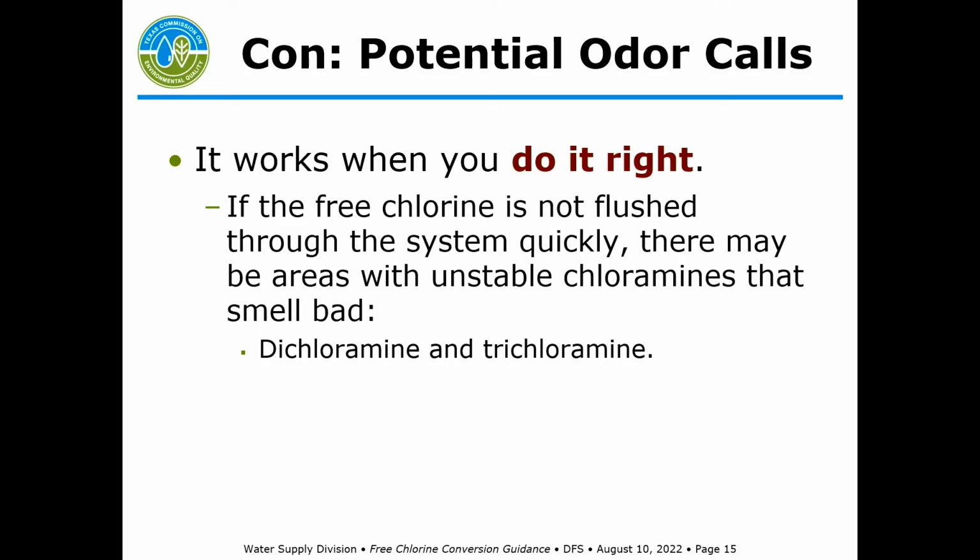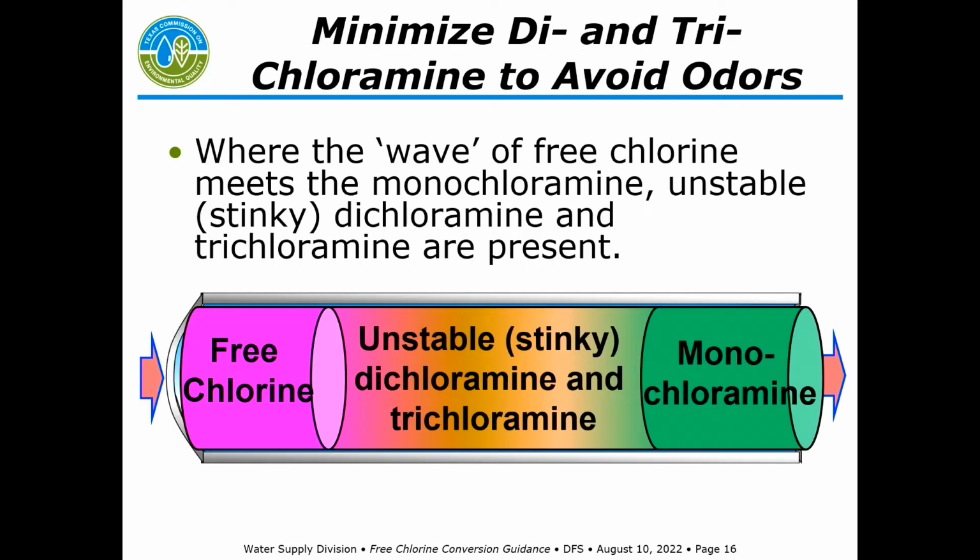Another con is the potential odor calls. If you don't flush the free chlorine through the system quickly, there can be areas that have basically unstable chloramines, dichloramines, and trichloramines, and those smell bad, and your customers may notice that. So in this figure here, I just want to be clear, as the free chlorine is moving and displacing the monochloramine, there's always going to be this zone between them of unstable, stinky dichloramine and trichloramine.